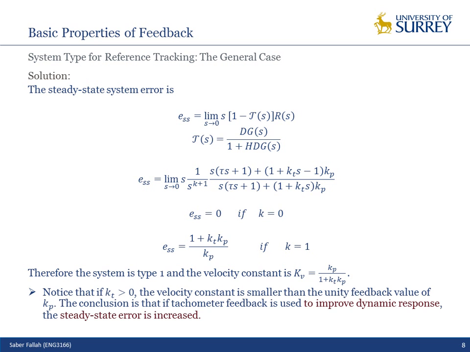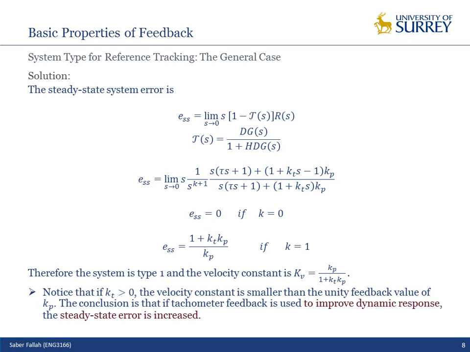Okay, look at here. Kt is a property of the sensor, and usually it is always bigger than 0. The velocity constant is smaller than the unity feedback value. In fact, Kt for the unit feedback system is 1.